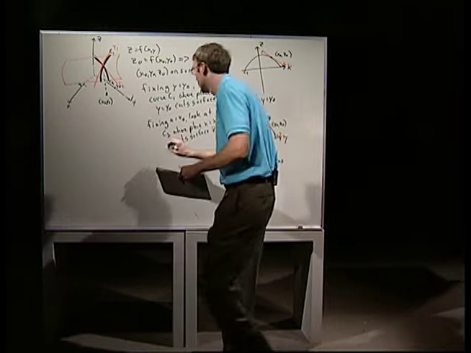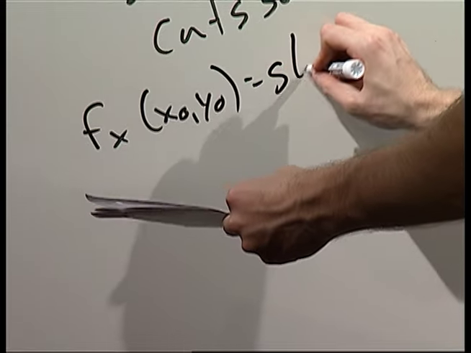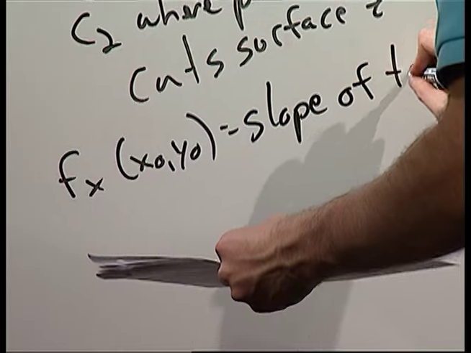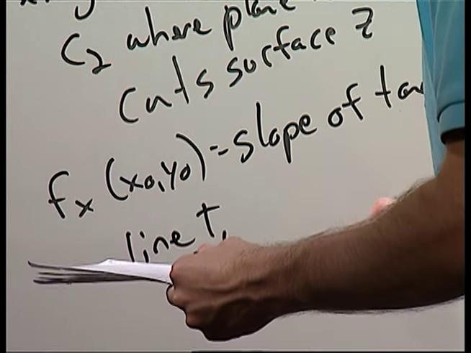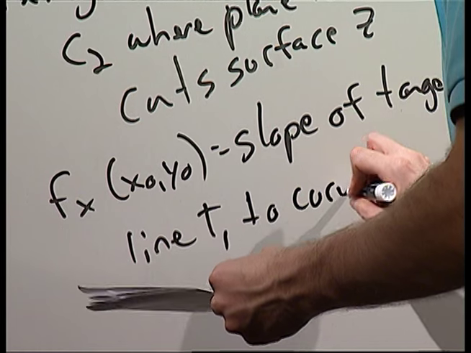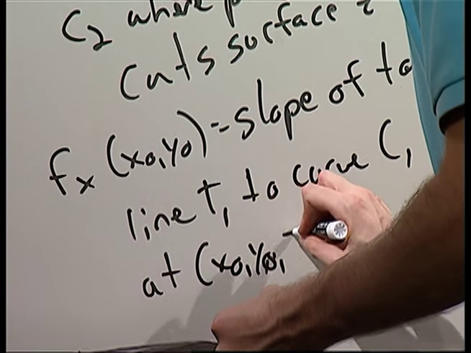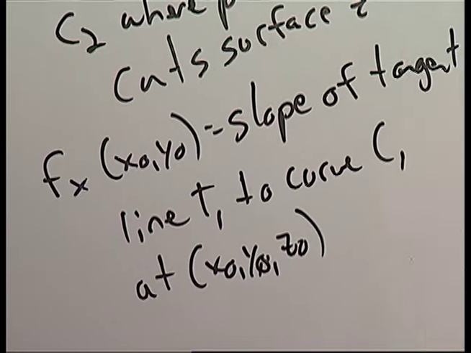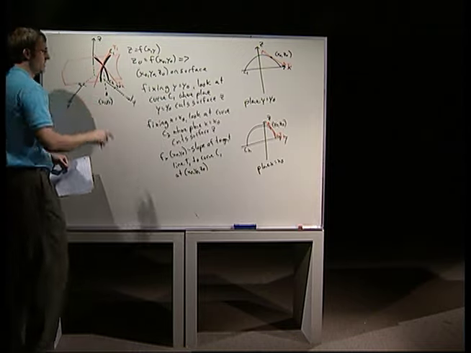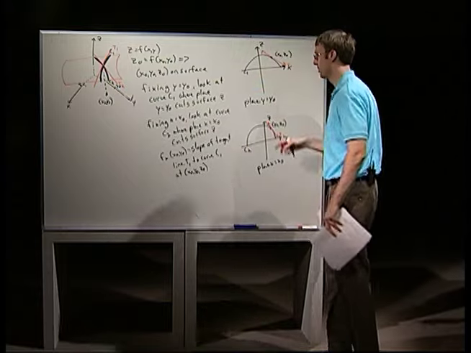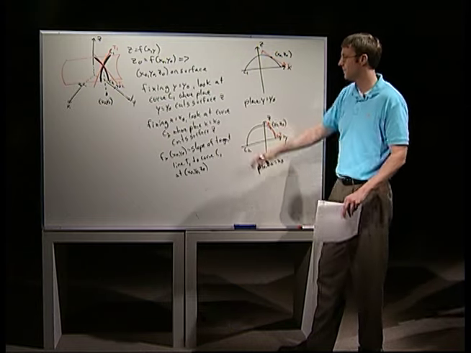So the partial derivative with respect to x of f at x naught, y naught is the slope of the tangent T1 to the curve C1 at x naught, y naught, z naught. In other words, I've drawn over here T1, I've drawn over there T1. The slope of this tangent T1 is the partial derivative with respect to x at that point. That line's slope is the partial.